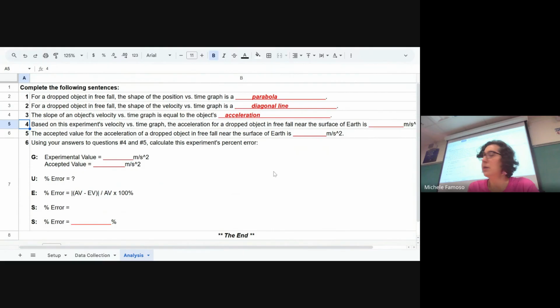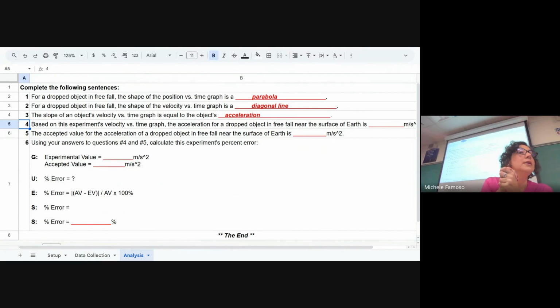Number 4. Based on this experiment's velocity versus time graph, what was the acceleration for a dropped object in free fall near the surface of Earth? So where am I going to get that? We basically told you in question 3 where to get it from. If I want the acceleration for this experiment, what do I have to do?